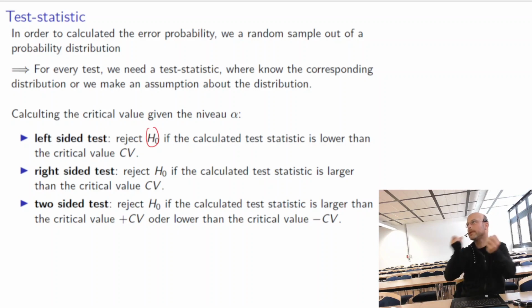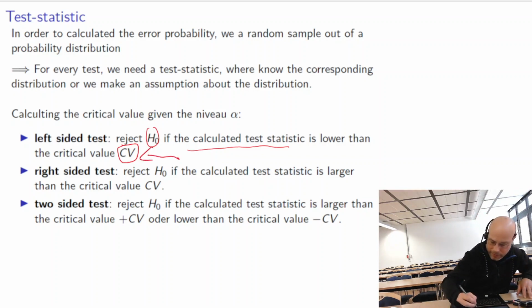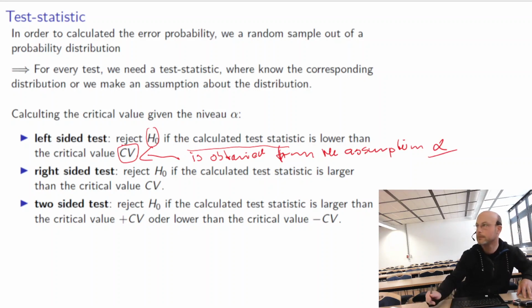Taking these two numbers together, I obtain the test statistic, and this test statistic I then have to compare with a given critical value, and this critical value is obtained from the assumption of alpha.